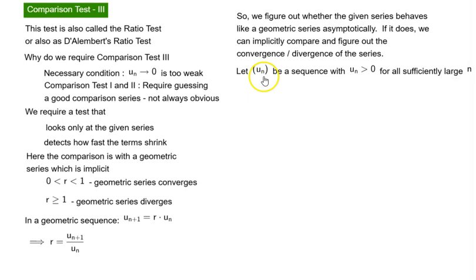So let u sub n be a sequence of terms with u sub n greater than 0 for all sufficiently large n. Let L be equal to the limit as n goes to infinity of the ratio of two successive terms. If the limit exists, then we have different cases.